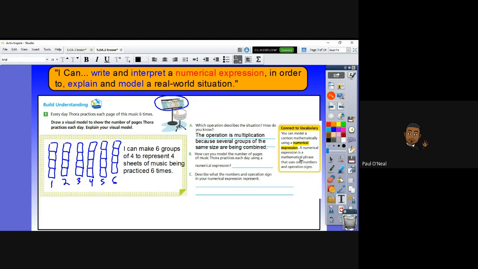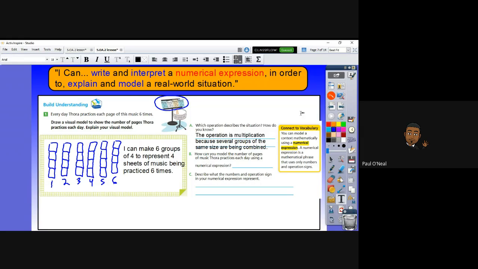Now, here's what I would love for you to write down for notes. A numerical expression is a mathematical phrase that uses only numbers and operation signs.